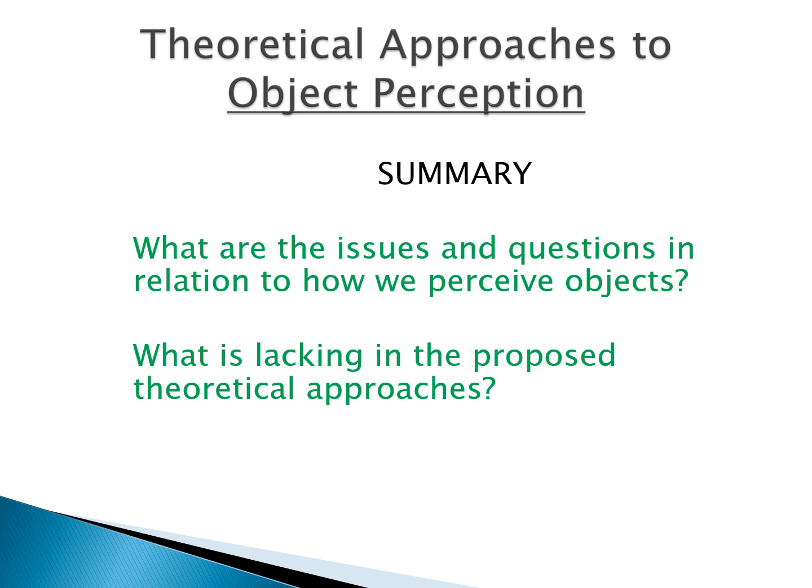I'm going to leave you with this question. I want you to think about this question. I'm going to continue this into a new video, but we might think, what are some of the issues and questions in relation to how we perceive objects?